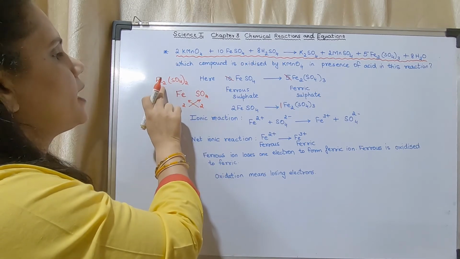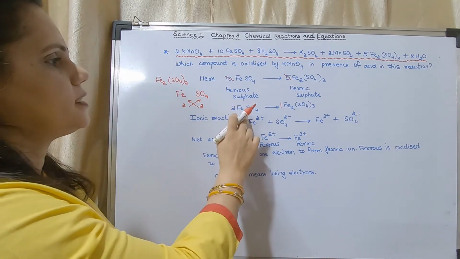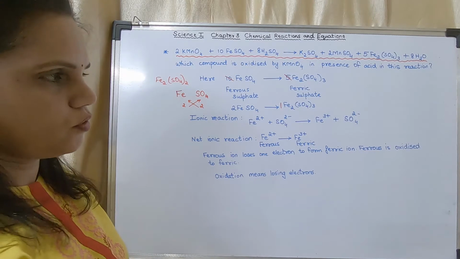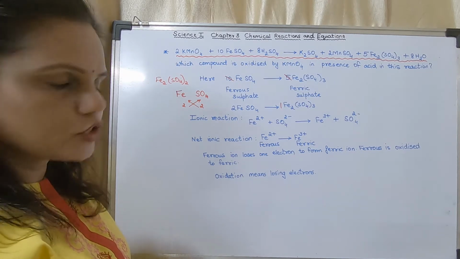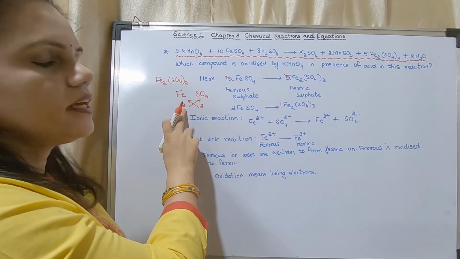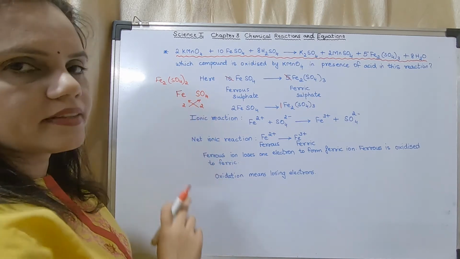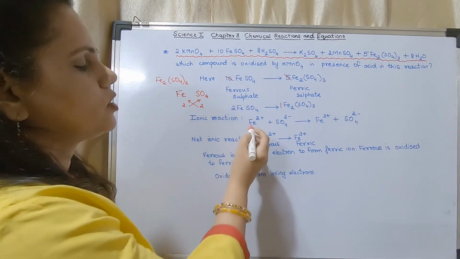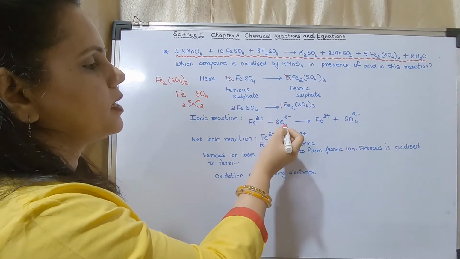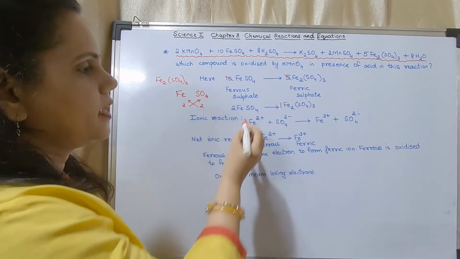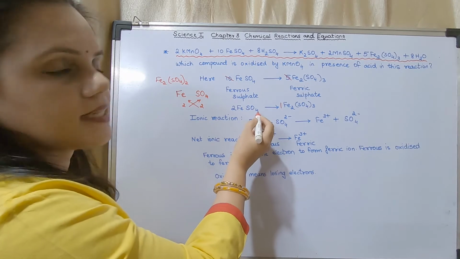So this 2 and this 2 will get cancelled, and it is written as FeSO4. So what is the valency of Fe? Valency of Fe is 2. What is the valency of SO4? The valency of SO4 is 2. So it becomes Fe2+ SO4 2-. Fe2+, this is the valency given.